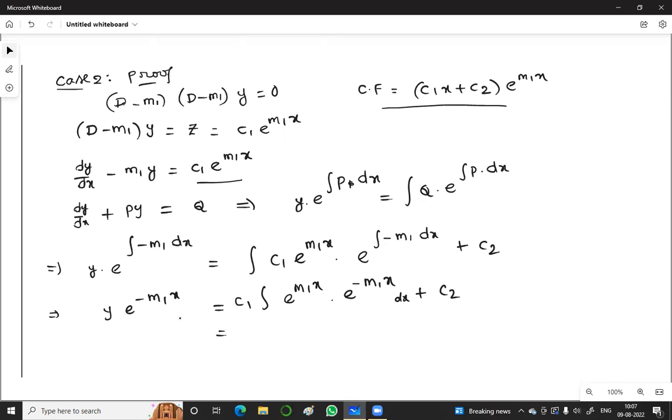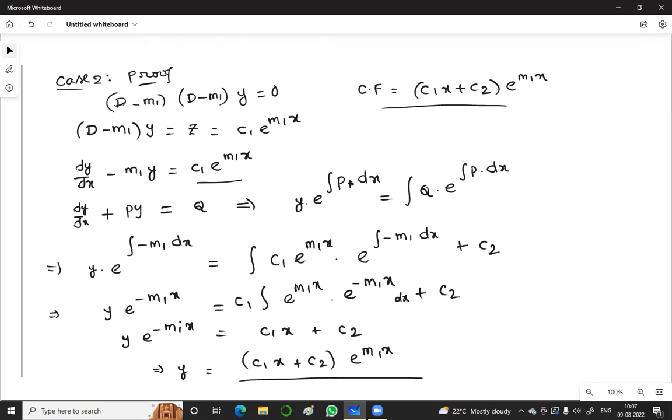So e to the power m1x into e to the power minus m1x is e to the power 0, nothing but 1. C1 into integration of dx gives C1x plus C2. Finally, you get y as C1x plus C2 into e to the power m1x. This is how C1x plus C2 comes in case 2.